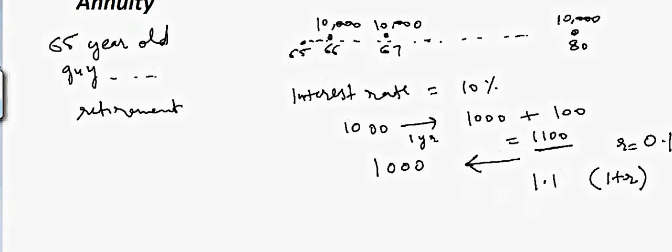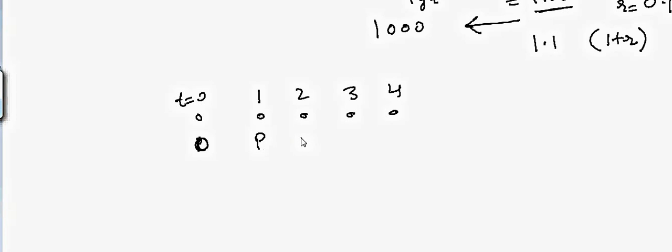Let's go back to the example, and we have payments. This is our time 0, so t is equal to 0, and this is 1, this is 2, this is 3, this is 4, and our payments are p. There is no payment at 0, and there is a payment p, p, p, and p. How will I calculate that?